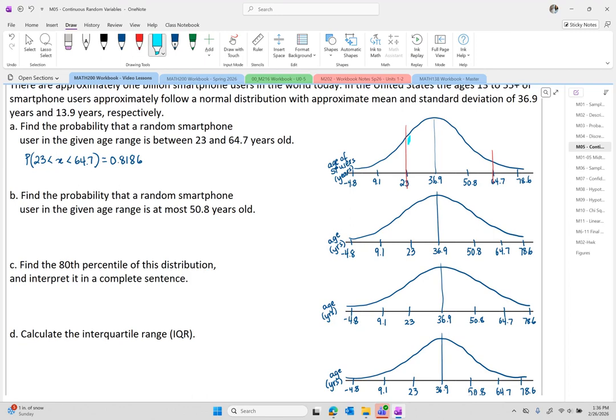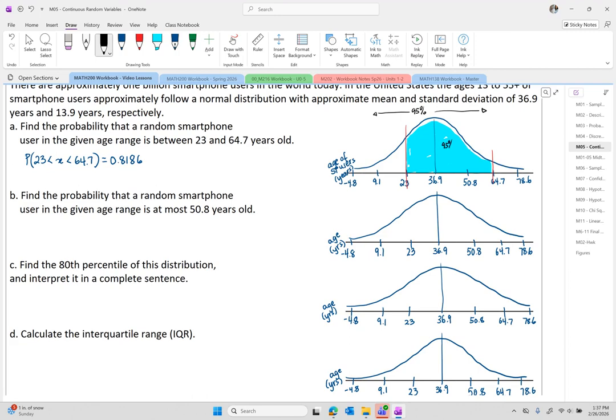Now we could use the empirical rule to roughly evaluate this. So we know that from -2 standard deviations to +2 standard deviations is 95% of the data. These are approximations, they are not exact. The technology gives us better values. So half of that will be half of 95%.